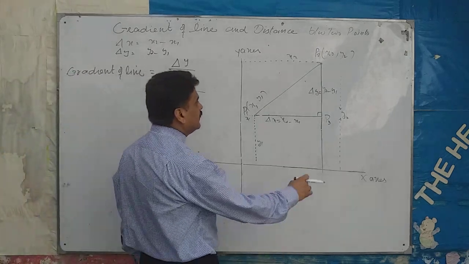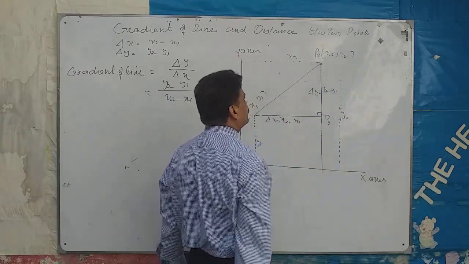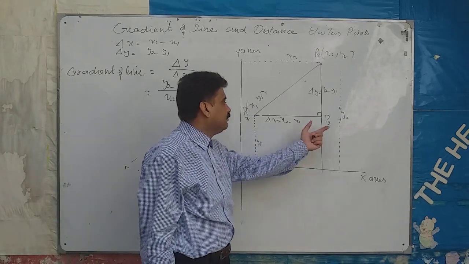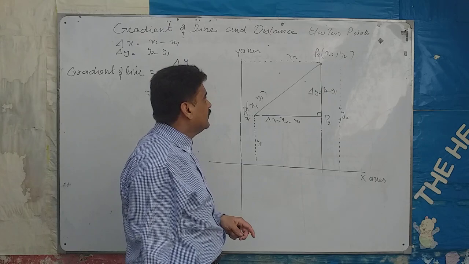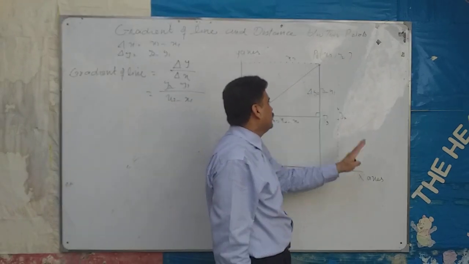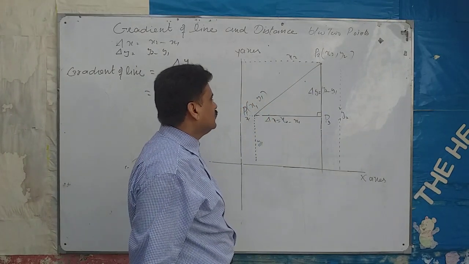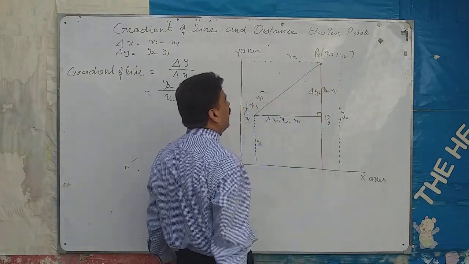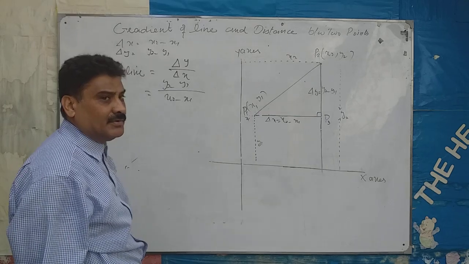From the figure, P1, P2 is the hypotenuse of the triangle, P1, P3 is taken as the base, and P2, P3 is taken as the perpendicular.